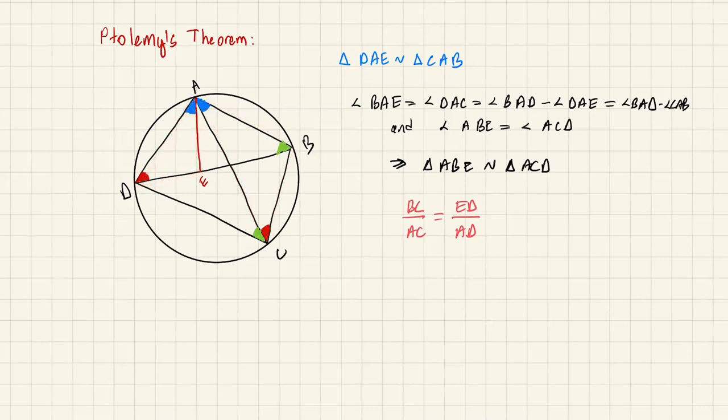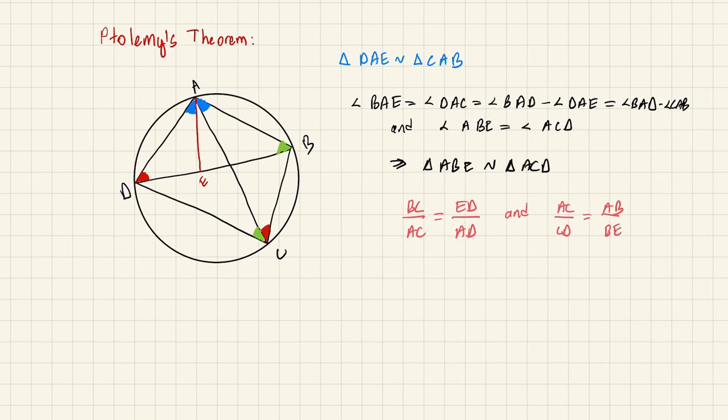And if we want to use the second similar triangle, we just need another ratio as well. I can see that AC divided by CD is equal to AB divided by BE, which is the ratio of the second similar triangles for this side.